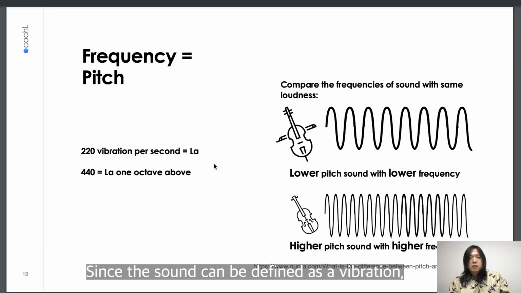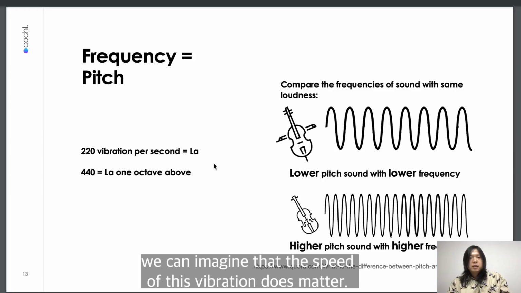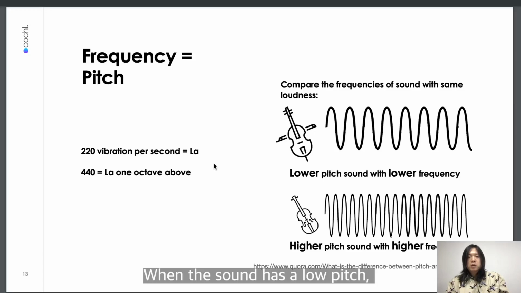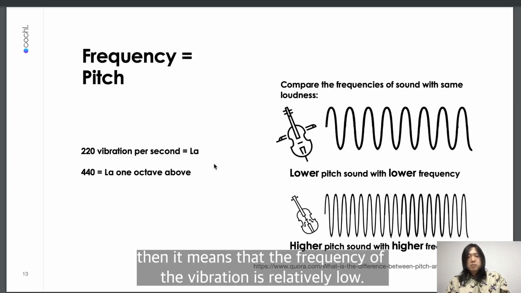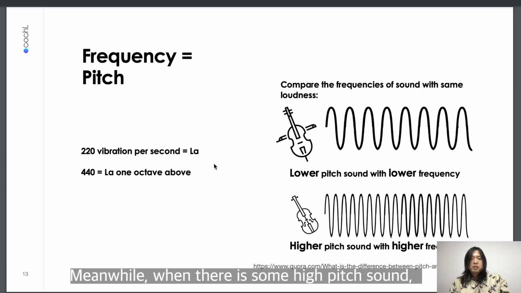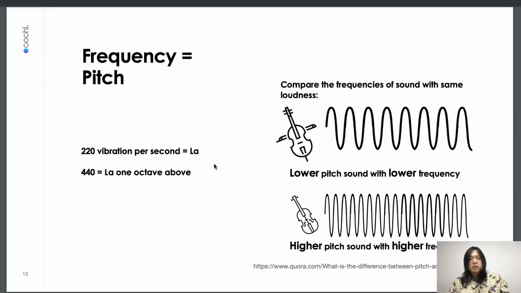Since sound can be defined as a vibration, we can imagine that the speed of this vibration matters. When the sound has a low pitch, it means that the frequency of vibration is relatively low. Meanwhile, when there is a high pitched sound, it means that the vibration has a higher frequency.